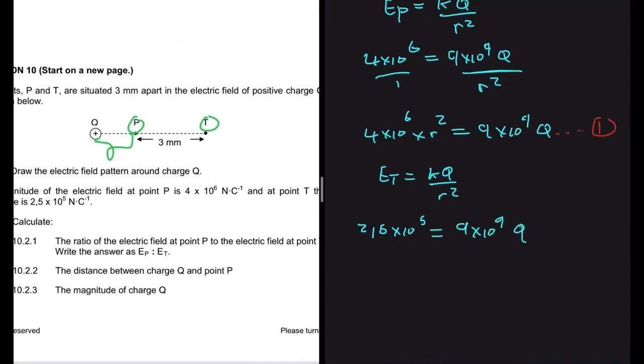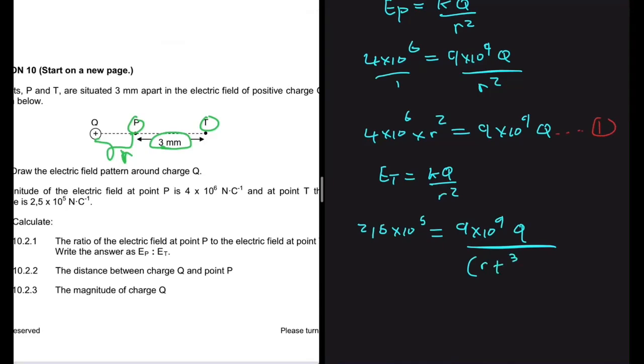We still don't know what Q is. And then what is R squared? Now R squared is the distance from Q to T. We already established that the distance from Q to P is R. So QT should be R plus this 3 millimeters here. It's only fair. So we're going to have R plus 3 millimeters.